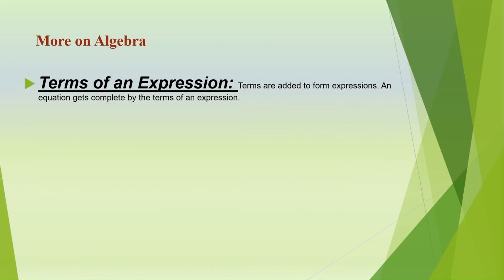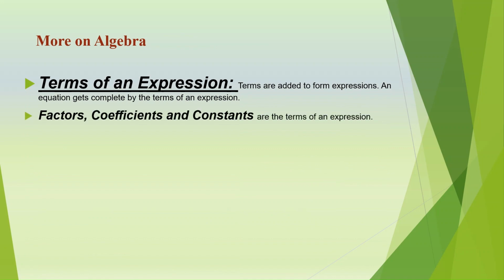Now we have to classify the parts of the expression. So these are called the terms. An expression gets completed by the terms of an expression. Now, factors, coefficients, and constants are the terms of an expression.